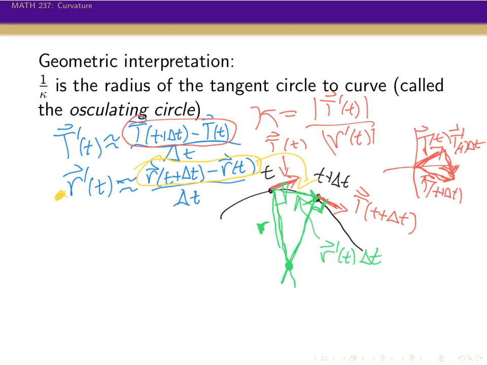Now I have this second triangle where these two radii match up, this is about length r, this is about length r, and this length is r prime of t times delta t.